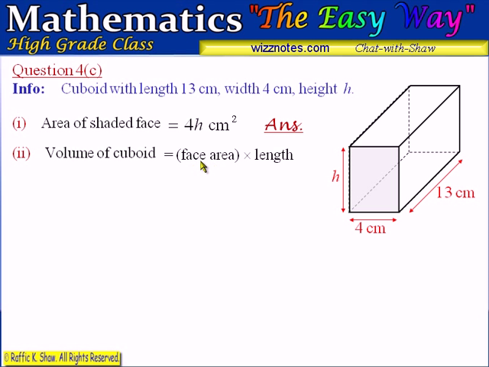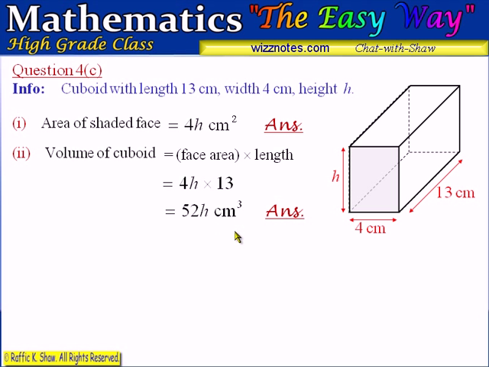We already calculated the face area to be 4h, and so the volume of the cuboid is 4h multiplied by 13. And that works out to 52h centimeters cubed. 4 times 13 is 52 times h.